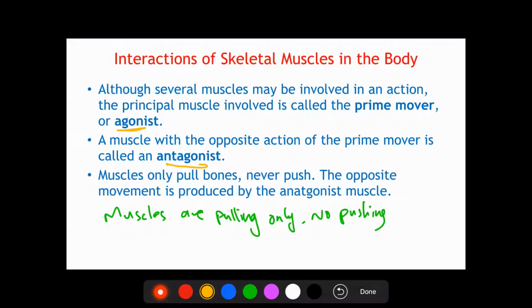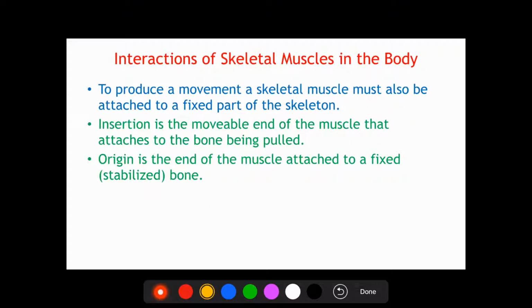So muscles are working as pairs of agonist and antagonist. Agonist will produce a movement in one direction. Antagonist will produce an opposite movement in the other direction. So muscles only pull, bones never push.